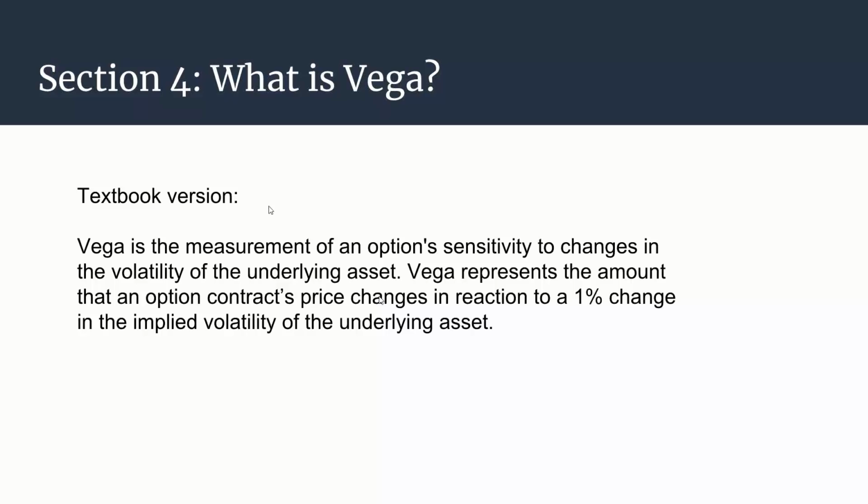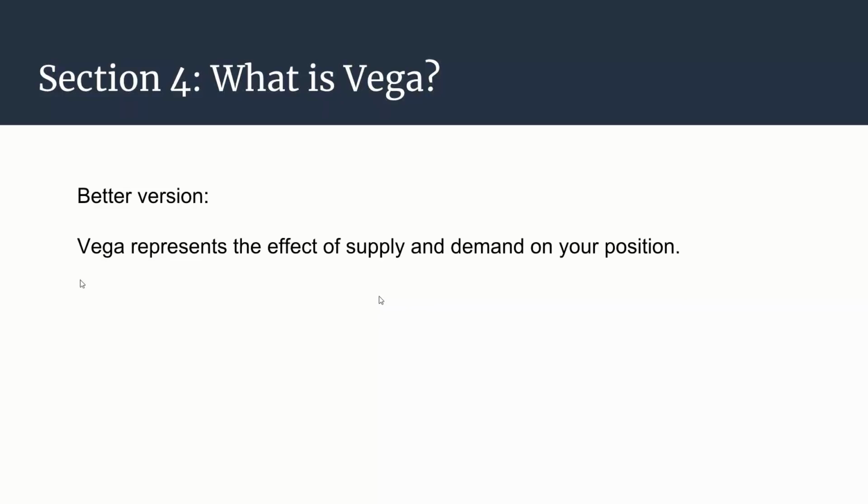The more layman's version here is that Vega represents the effect of supply and demand on your position. If we think about basic economics for a second, say we're trading Apple, and all of a sudden there's a huge demand for Apple options, the option prices are going to go up, right? Because everyone wants them. The demand pushes price up.